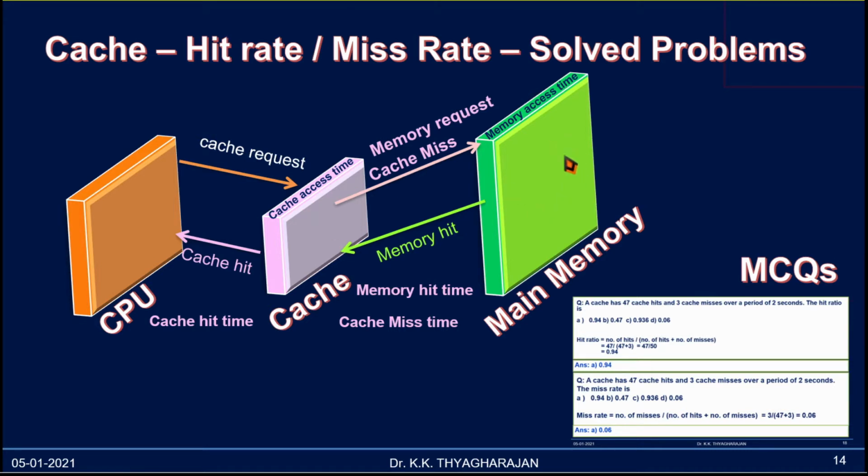To search and retrieve, the main memory requires some time. That time is called memory access time. This is also called memory hit time. The memory hit time is almost the same as cache miss time. If you know these basics, then you will be able to solve any problem asked in this topic.